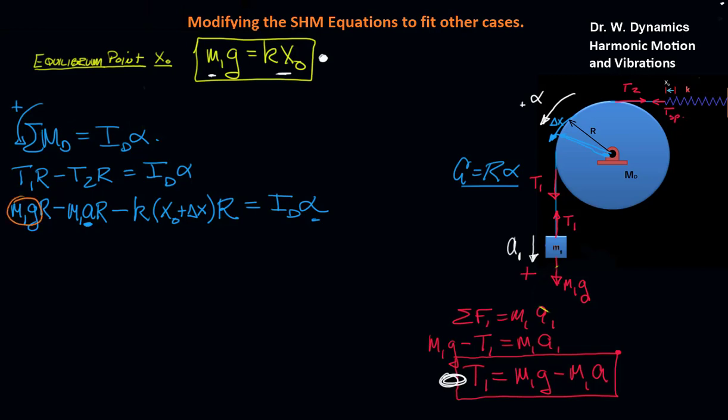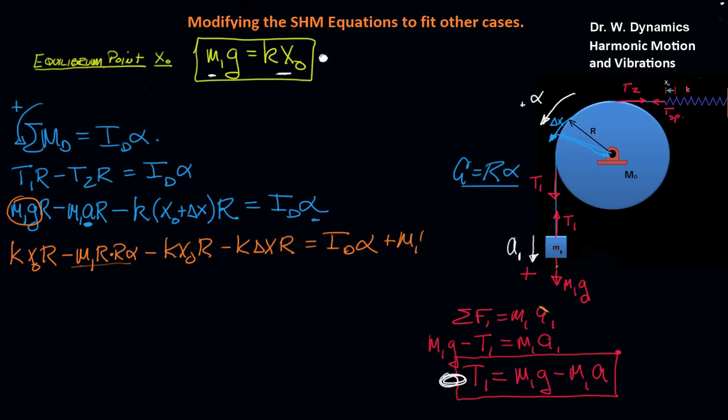So we'll get k x0 R minus m1 R times R alpha minus k x0 R minus k delta x R equals I disk alpha. This m1 R squared can come to the other side with the other alpha, so we get m1 R squared alpha there.